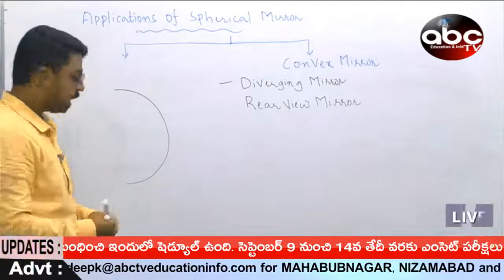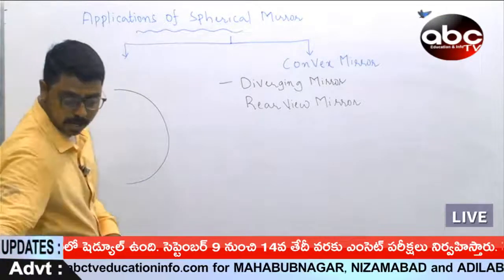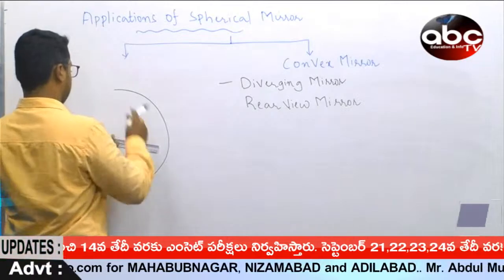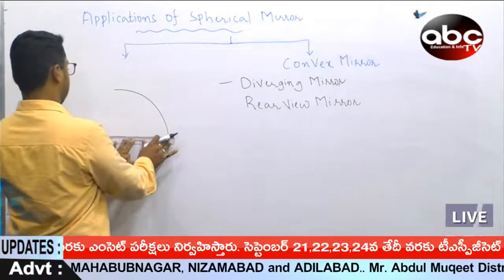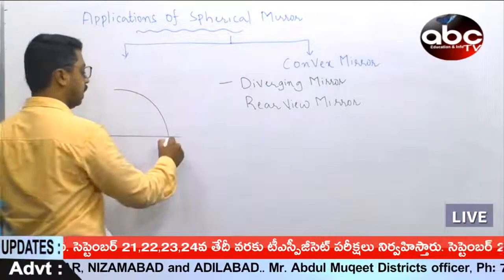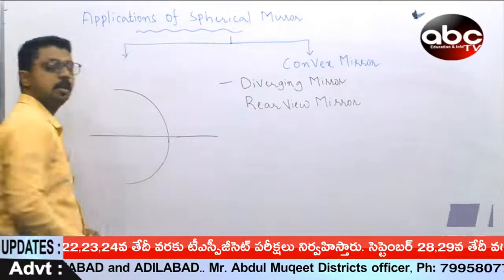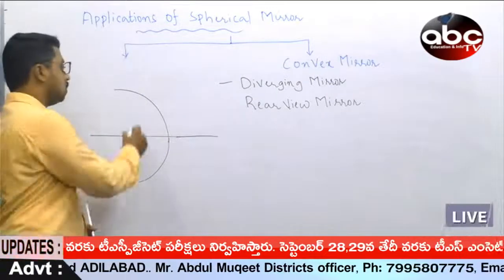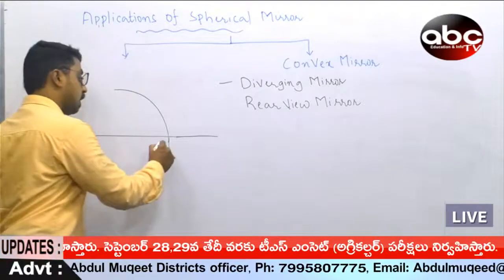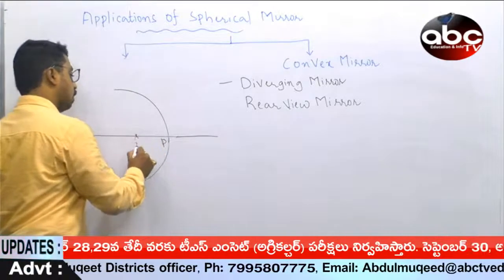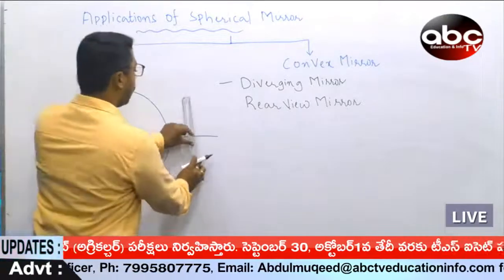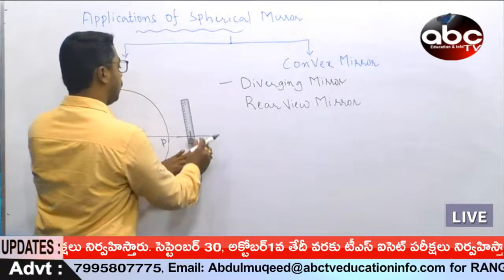So let me take a convex mirror. Naturally we are going to obtain a principal axis. Let us suppose this could be an active side, this could be an inactive side, and let us take pole, focus, center of curvature, and an object placed here at a finite distance.